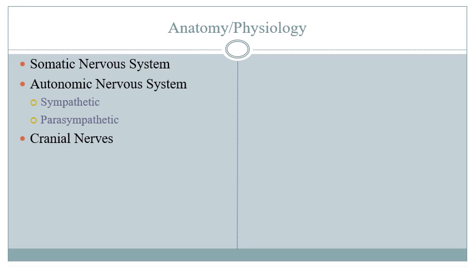Then we look at the cranial nerves. The cranial nerves are up within our brainstem, and they control certain functions. Of these 12 cranial nerves, they originate from the base of the brainstem and exit from the base of the skull.